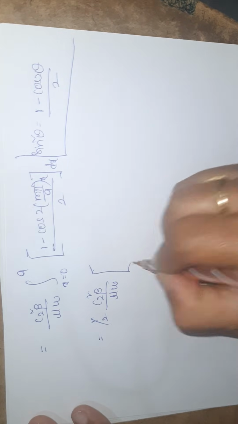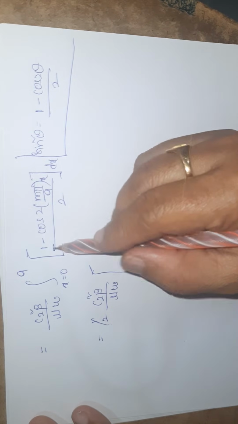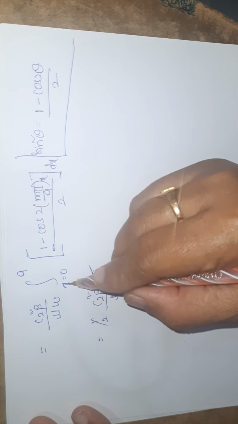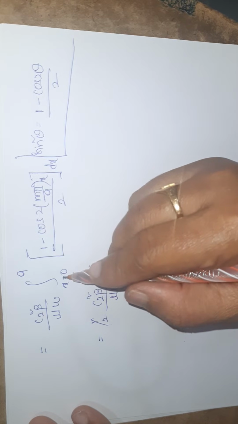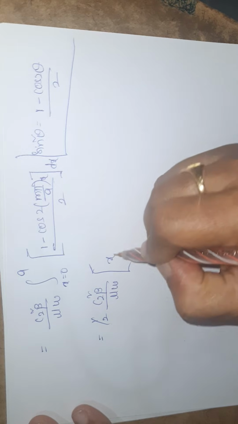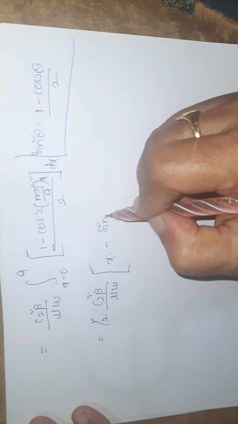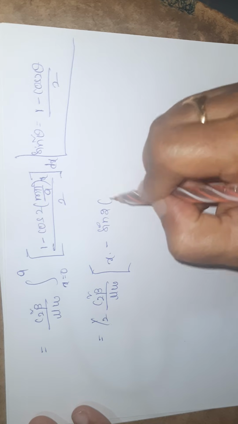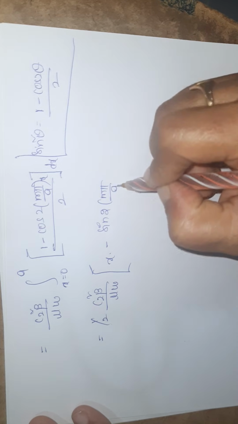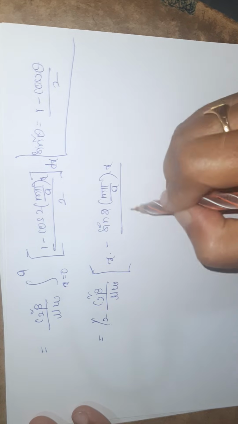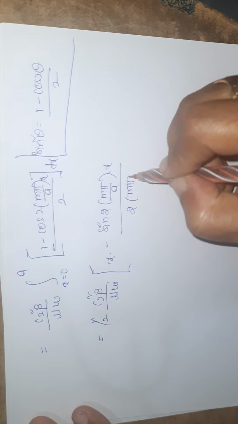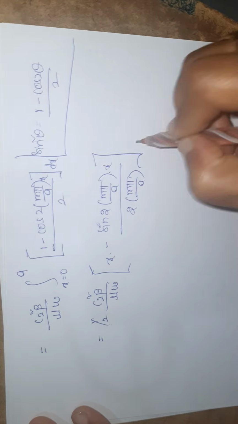So here half C2 square beta by mu omega, and if I do the integration for 1 I'll get x minus, the integration of cos is sine 2 m pi by a into x divided by 2 m pi by a.